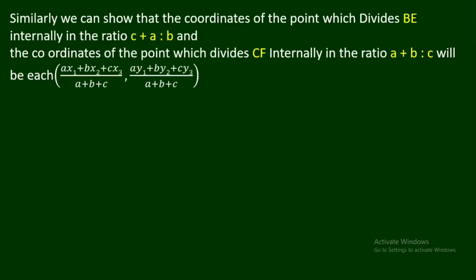Similarly, we can show that the coordinates of the point which divides BE internally in the ratio c plus a is to b, and the coordinates of the point which divides CF in the ratio a plus b is to c, and finally the incenter will be the same, that is (a x1 plus b x2 plus c x3) by (a plus b plus c), and (a y1 plus b y2 plus c y3) by (a plus b plus c).